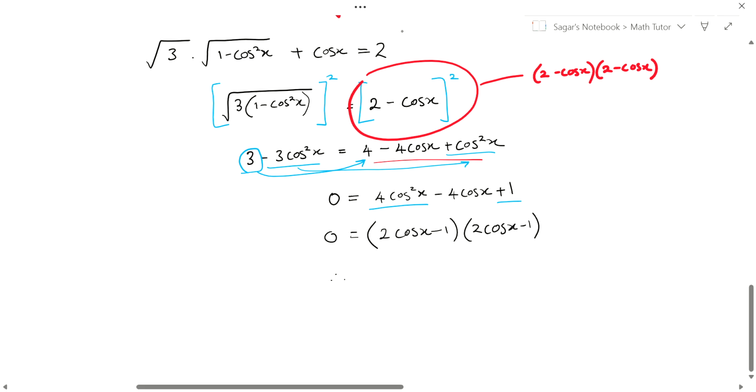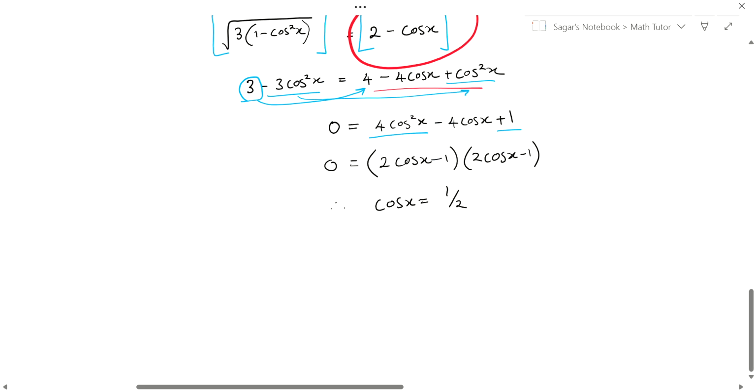Therefore cos x is equal to 1 over 2, and x is equal to inverse cos of a half. Let's put this into our calculator, and this is 60 degrees.